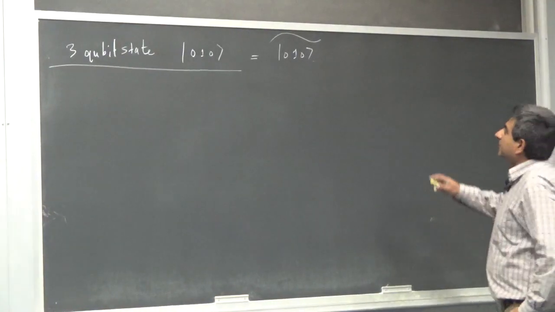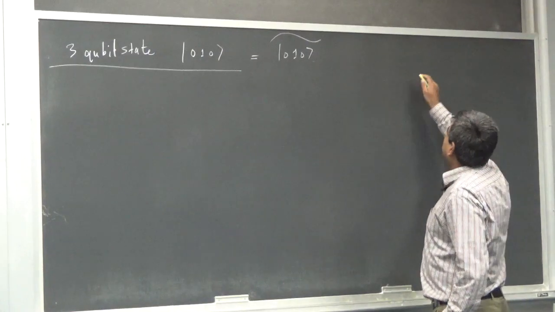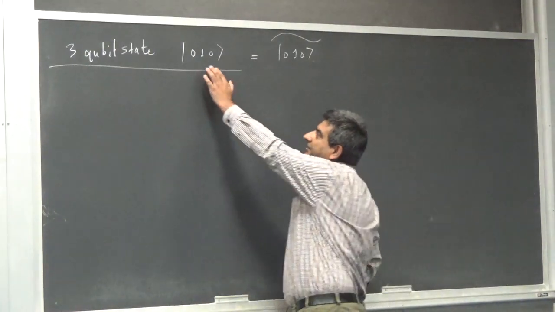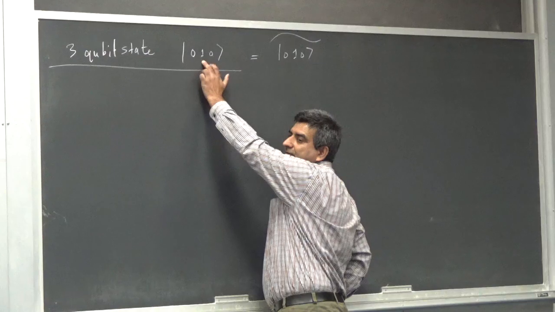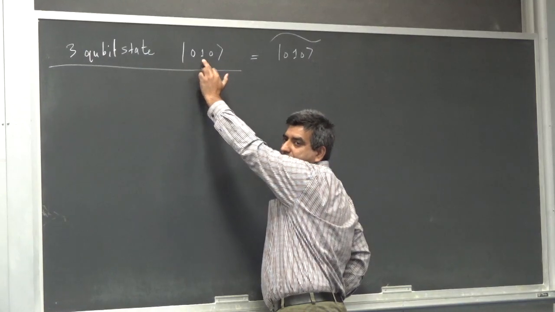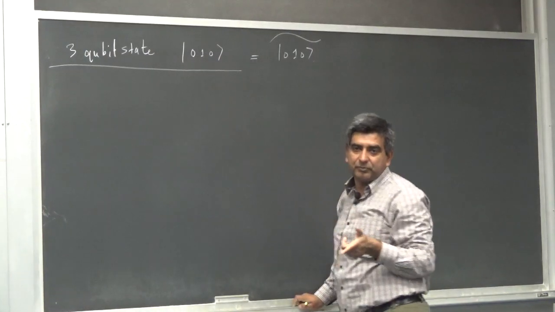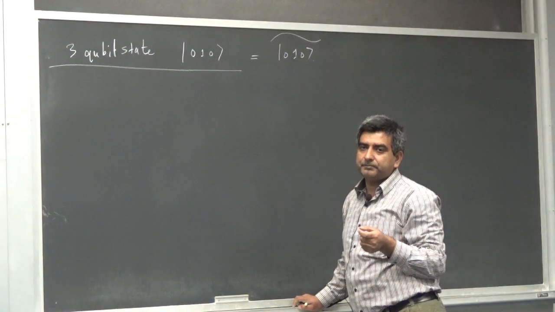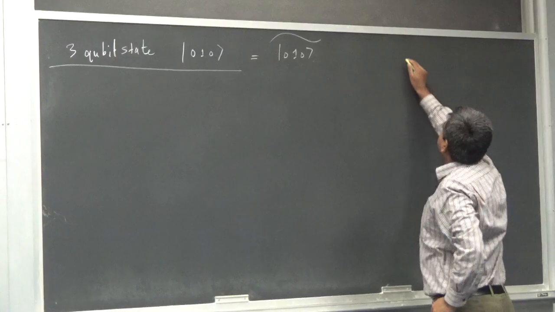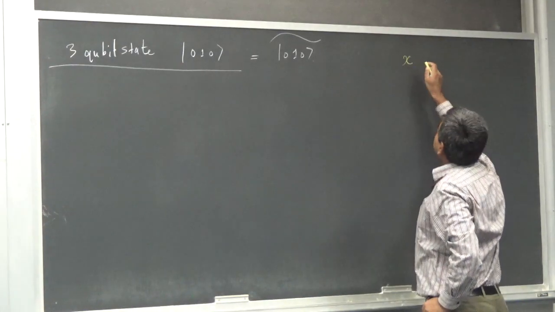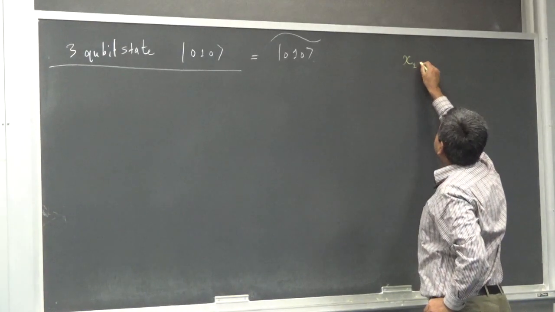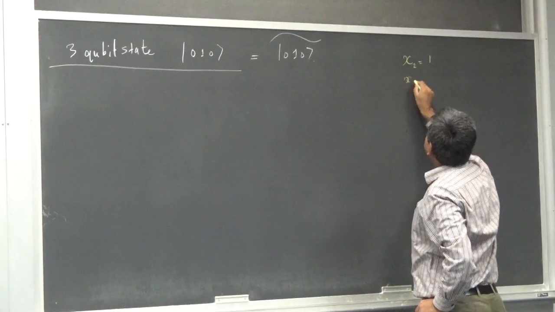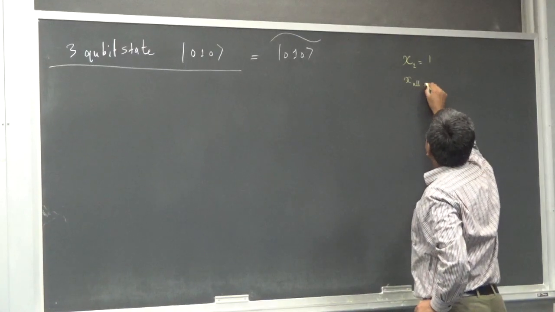So remember, in this particular case, 0, 1, 0 is the decimal number 2. So my x0, x2 is 1, all the other x's are 0.